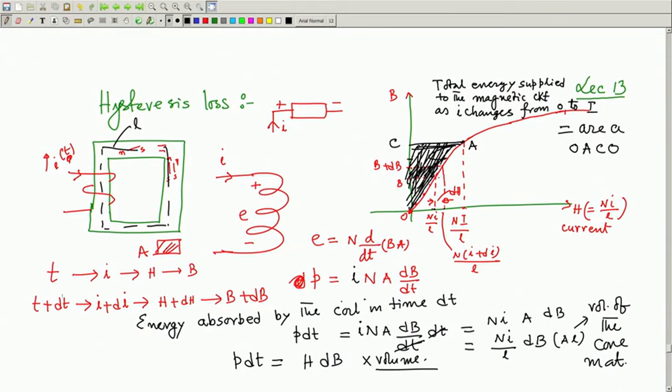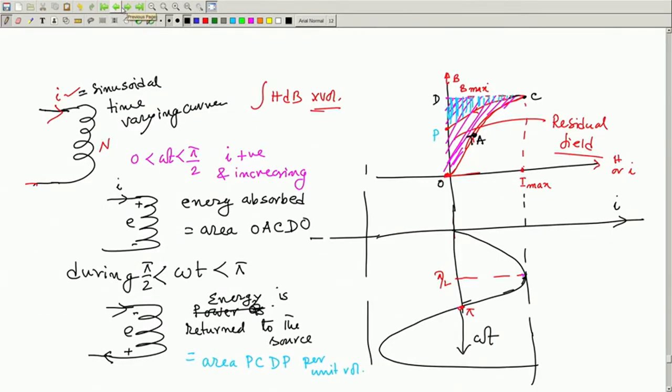In time dt, if current increases to I plus dI, H to H plus dH and so on, then we showed that energy will be absorbed by the coil when current is increasing or H is increasing, and the area under the BH curve, H dB, is the energy supplied, and then total energy supplied can be calculated.